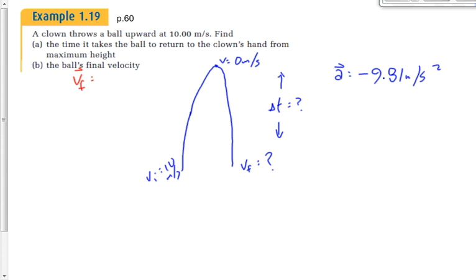Same as it started with, right? You can't slow down at one rate and then speed up at the same rate over the same distance and not get the same velocity as you started with. So we could say right away VF here would be negative 10 meters per second.